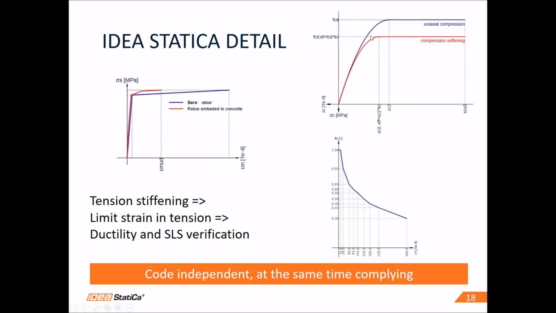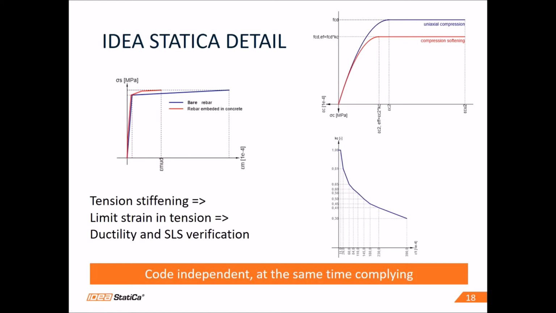The blue line is the one which the code gives us, but we use the modified compression field theory, and we decrease the compressive resistance of concrete based on tensile strains, right? So the red one is actually a reduced one, which we use.